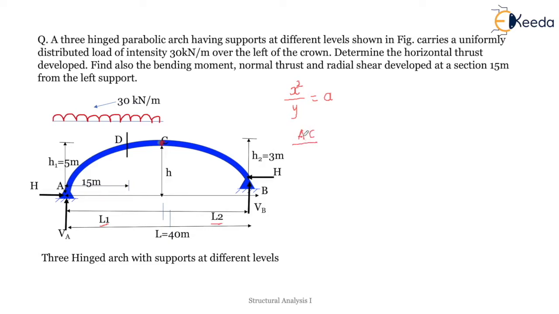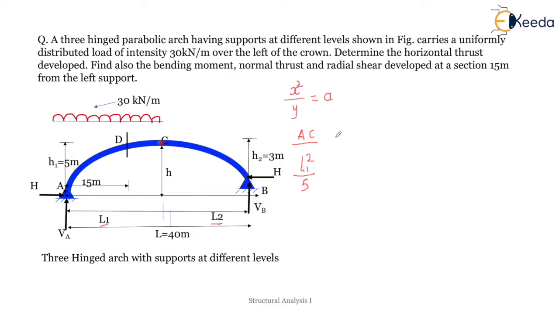For A and C we can write L1 square, because the span is x, divided by y, which is the height. That height is 5 meter. So L1 square by 5, that is how we write it for AC.